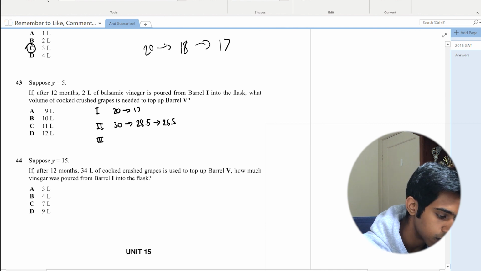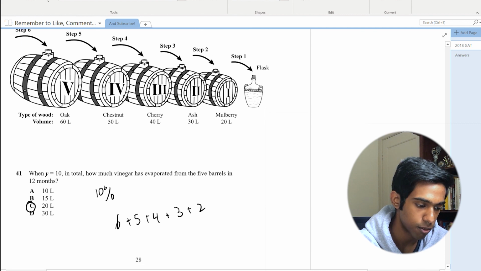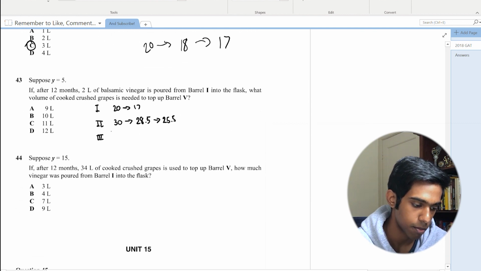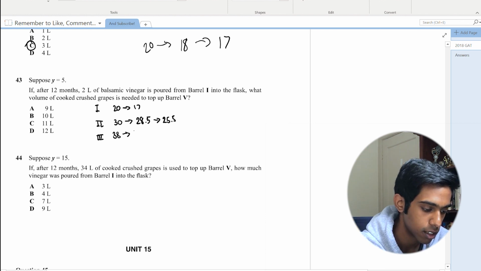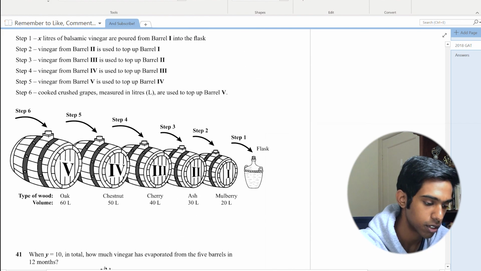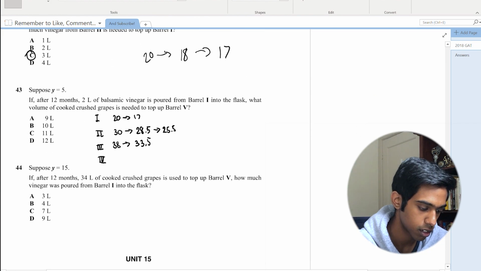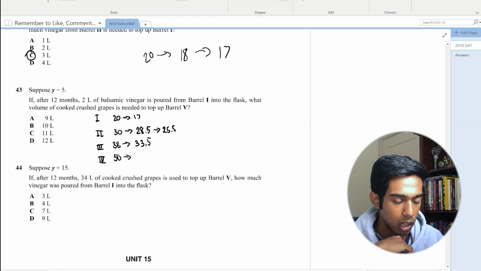Then barrel 3. We started with 40. So then we're going down to 38. Then we also have to add in the 4.5 liters, so we get 33.5. Then we've got barrel 4. This one started at 50. If we had 50, we would have lost 5 if it was 10%.